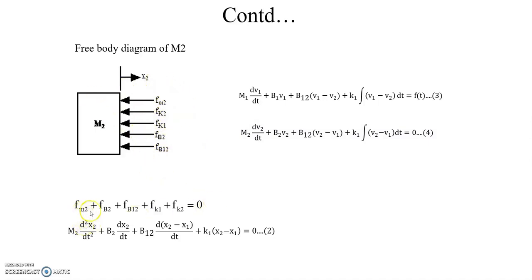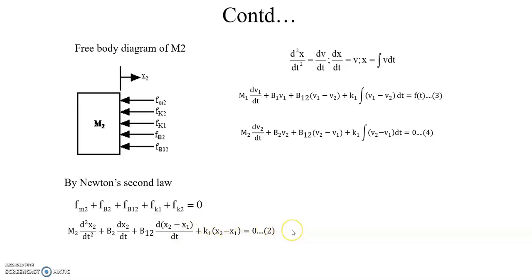So Fm2 plus Fb2 plus Fb12 plus Fk1 plus Fk2 is equal to 0. According to this, M2 d square x2 by dt square plus B2 dx2 by dt plus B12 into d by dt of x2 minus x1 plus K1 into x2 minus x1 is equal to 0. You may name it equation number 2.